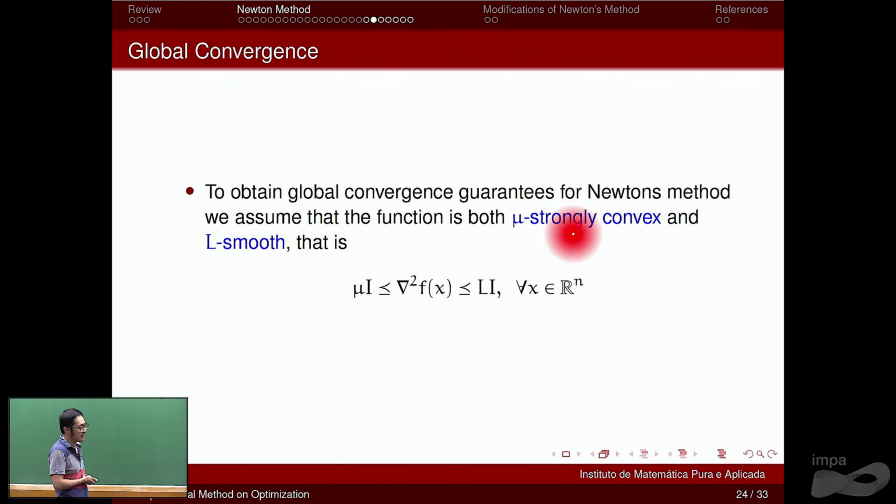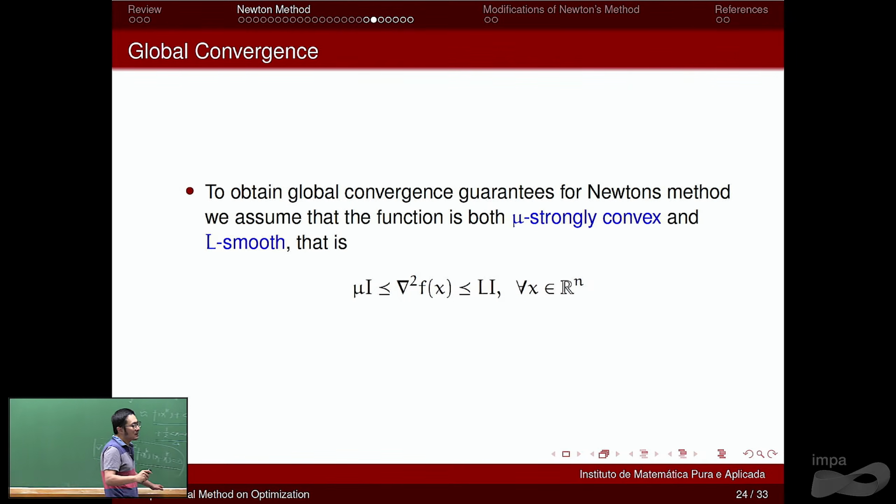Here we assume the function f is mu strongly convex and L smooth, which means your Hessian should be lower bounded by mu I and upper bounded by L I, for any x belonging to R^n.